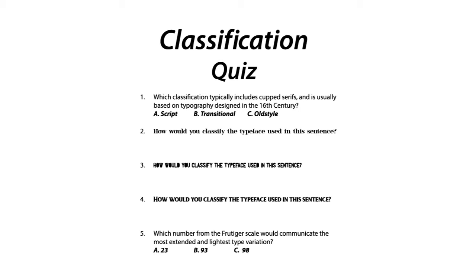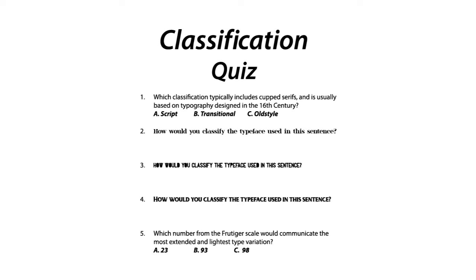Now for number 5. Going back to our conversation about the Frutiger scale, which number from Frutiger's scale would communicate the most extended and lightest type variation? Well, I can tell you right now, C is as far on the opposite side of that spectrum as it gets. That is the boldest and the most condensed version that we have access to. Looking at B, you're getting a little closer.